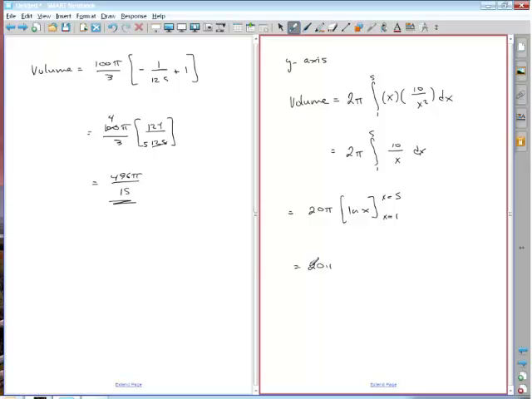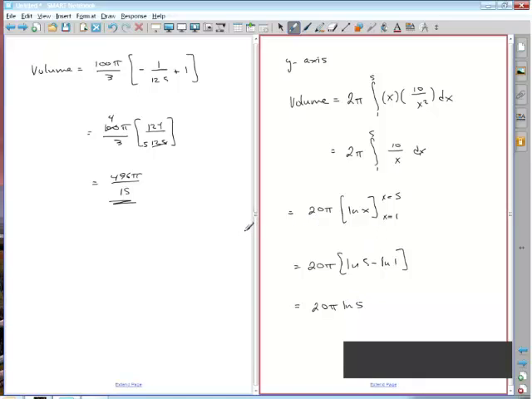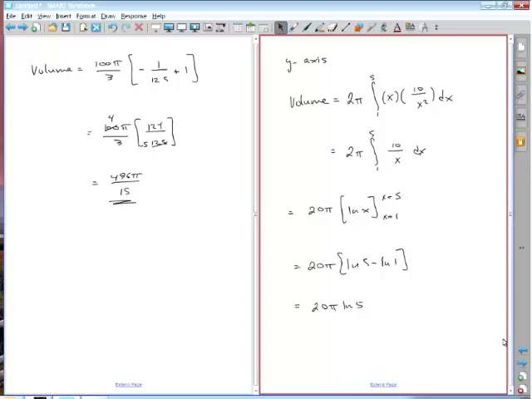So we have 20 pi times the natural log of 5 minus the natural log of 1. Natural log of 1 is 0, so we'll end up with the final answer being 20 pi times the natural log of 5. Okay, so that's part B.